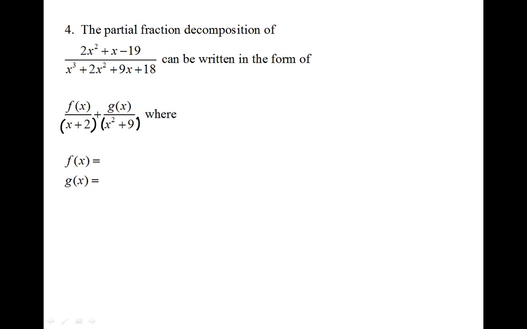So when we rewrite this, f of x is going to be just a constant A over x plus 2, plus, but since x squared plus 9 is quadratic, the numerator is going to take the form Bx plus C. And notice I have to use different variables for that. I can't use the A again. Bx plus C over x squared plus 9.